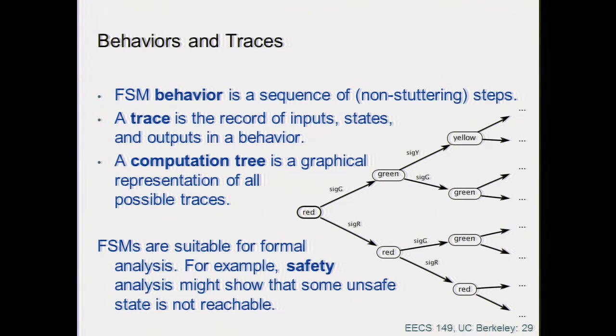So you want to show that under all possible sets of inputs, you never get to a situation where the car or the airplane crashes. In a finite state machine, you can investigate the behaviors and see whether you hit the bad state or not. If you never hit the bad state, then you're cool. My design is safe. So safety properties are checkable in finite state machines.